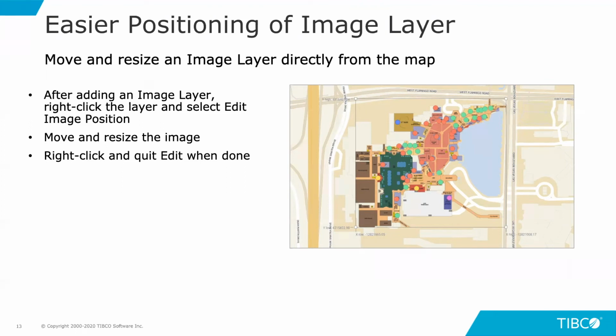And we think we came up with a much easier way to do this than before, simply by positioning the image layer from the map itself. This will be very useful, for example, if you want to layer an image of a floor plan or any other non-georeferenced image on a map in order to add more context to your data.